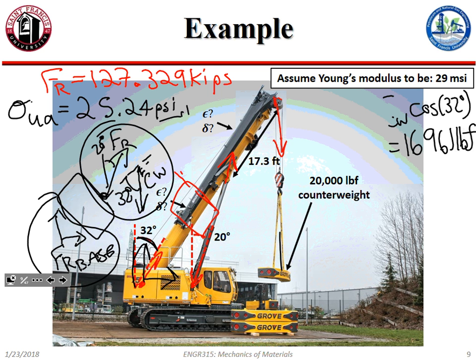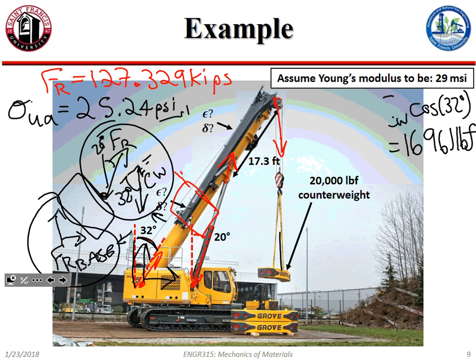So I can find everything on the left by determining everything on the right, correct? And that gives me all the normal forces acting on the thing, which gives me all my stresses, that gives me my strains, and so on. And conveniently, I know everything on the right, correct? I know the force due to the ram, I know the force of the counterweight. So how do we get there from here?